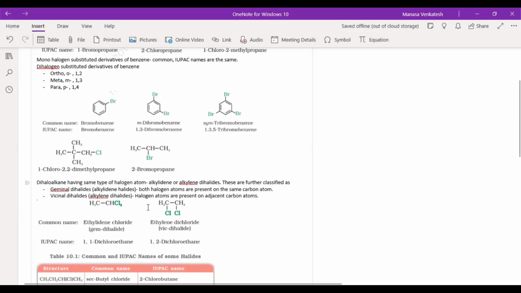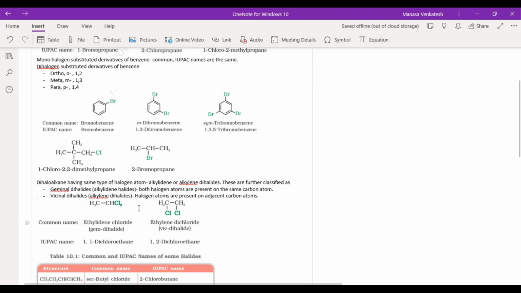Now when we have a haloalkane with 2 halogen atoms, it can either be an alkylidene or an alkylene. So geminal dihalides have both the halogen atoms attached to the same carbon. So this is a geminal dihalide, whereas a vicinal dihalide would have the halogen atoms attached to 2 different carbon atoms, or basically they are present on carbon atoms which are adjacent to each other.